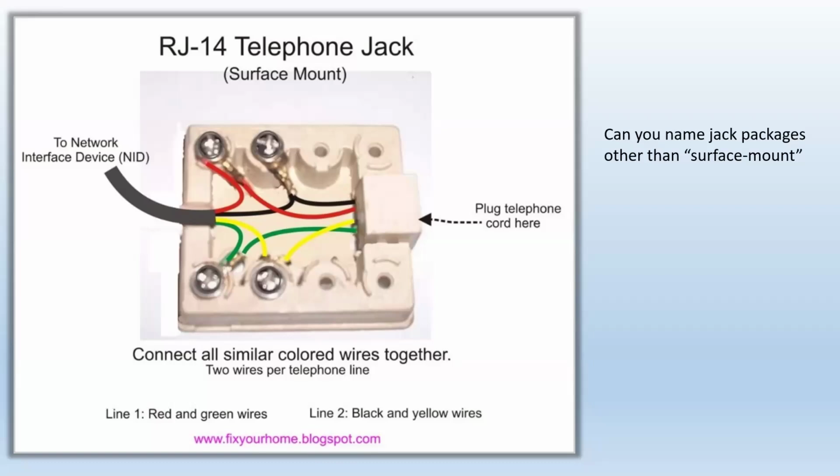So the phones can forgive you if you misconnect the polarity. Other things might not, like paging interfaces and so on that we're going to talk about later on. They will not. You have to have the correct polarity. You have to connect the tip to the tip, and you have to connect ring to the ring.